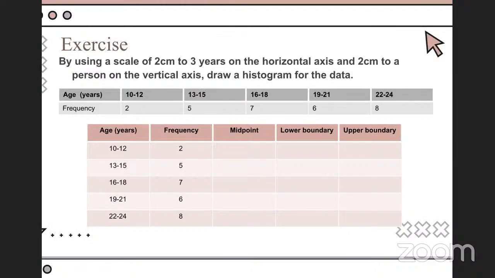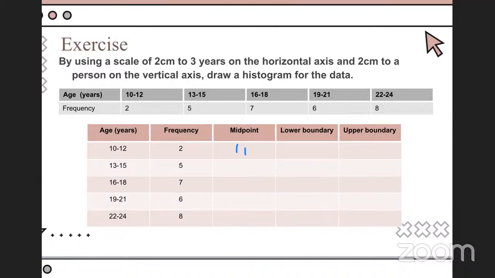Just type your answer if you know, like the first one for the midpoint. 11. Okay, I'll just give you guys 2 minutes to do it.